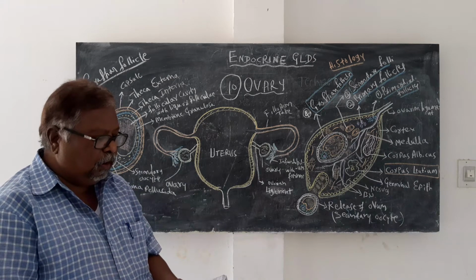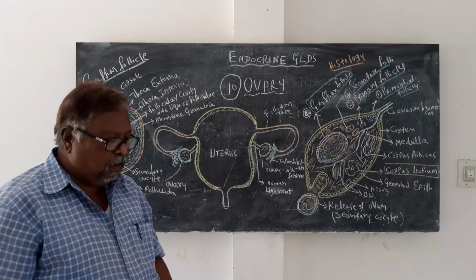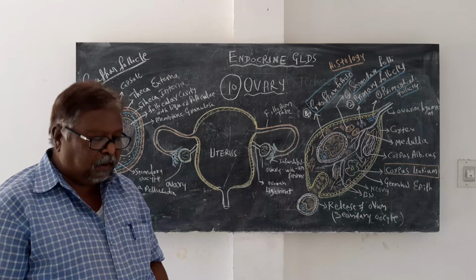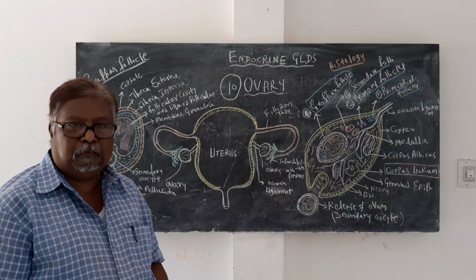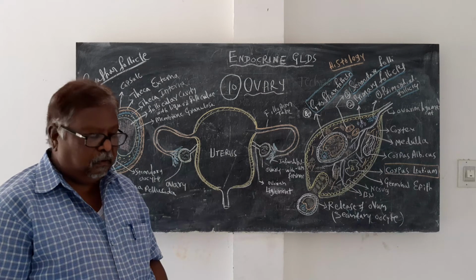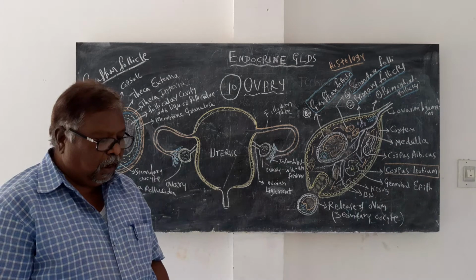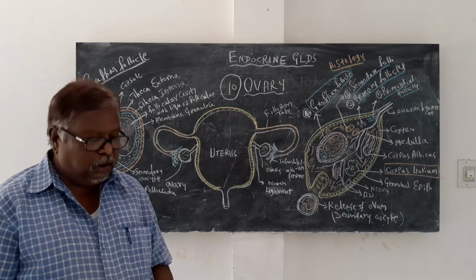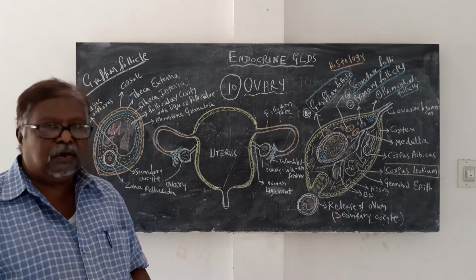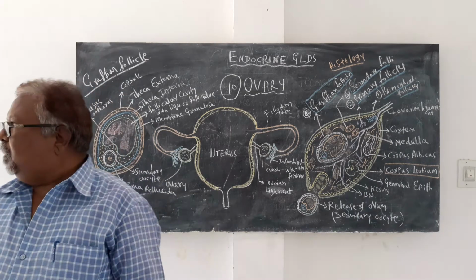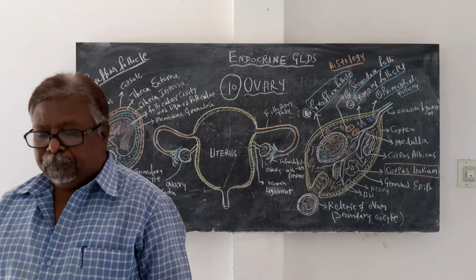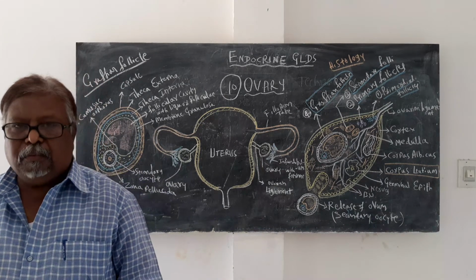Now, coming to the structure, the ovaries are the female sex organs. They are also called gonads. So these are two in number, situated on each side of the uterus, on the lateral wall of the pelvis of the abdominal cavity.